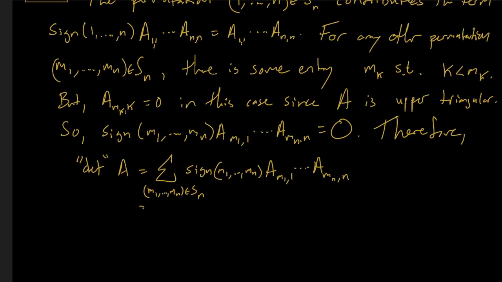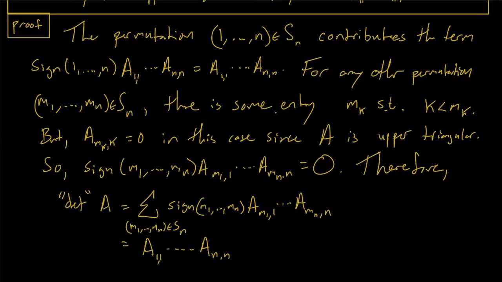This thing is just equal to a_11 through a_nn. Right? Since every other permutation other than 1 through n, the permutation that leaves everything in order, has in the product a term, specifically a_mk,k here, that is equal to 0. So the whole thing is equal to 0 since there's a 0 in that product.